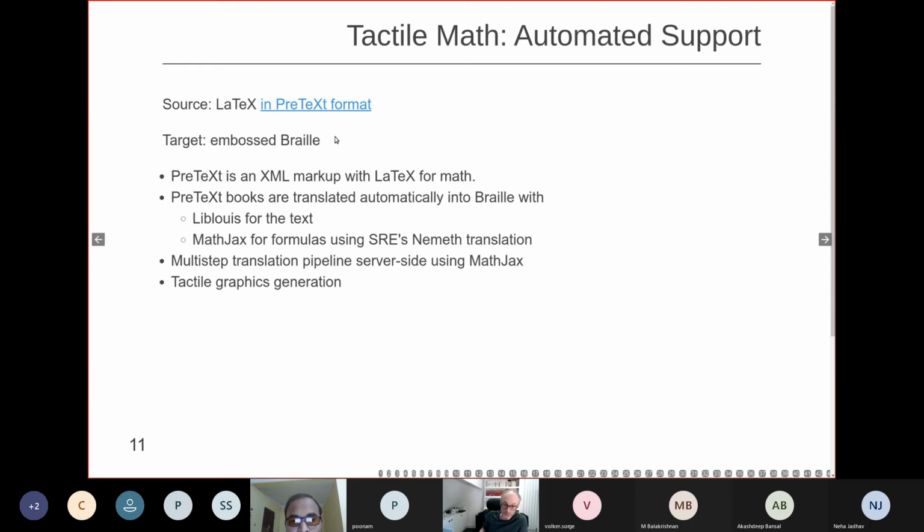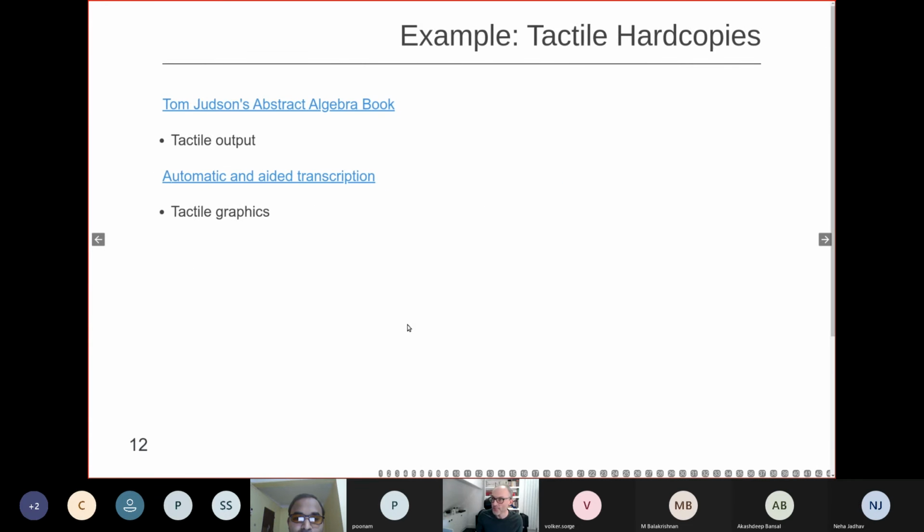He uses LibLouis for the text, which is quite precise when it comes to text, but not necessarily good when it comes to structure of the text, i.e. things like sections. And then uses MathJax for the rendering with the SRE and Nemeth translation in order to get the Nemeth out. And tactile graphics are also being translated. I'll have a bit on tactile graphics in the second part of this lecture. I'll show you a few there.